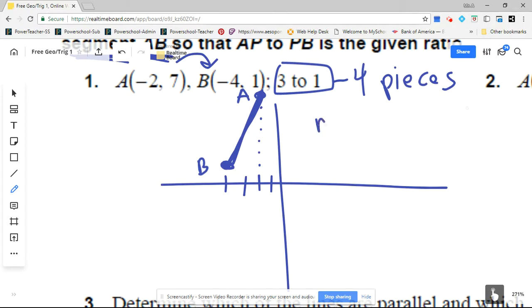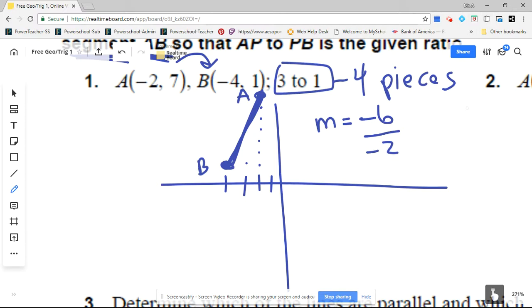I use my slope. From A to B, I would go down 1, 2, 3, 4, 5, 6 down, and 1, 2 across. So I would go down 6, and I'd go 2 to the left. Those are 2 negatives. Down is negative, left is negative. But what do 2 negatives give you when you divide? Positive. Is that line a positive slope?